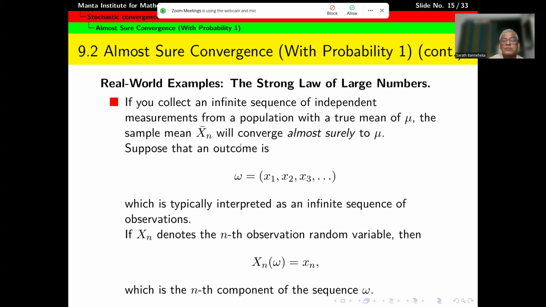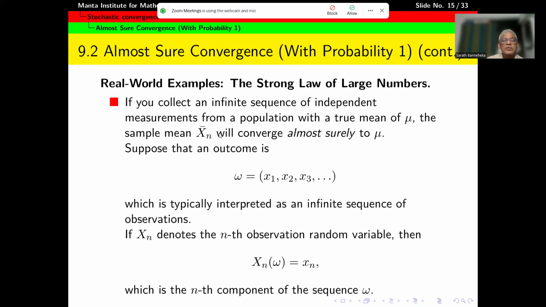Then we can show that the sample mean xn bar will converge almost surely to mu. Right. So here in the definition we define the convergence of the sequence xn to a random variable x, but in the same way we can talk about convergence of a sequence of random variables to a constant also.